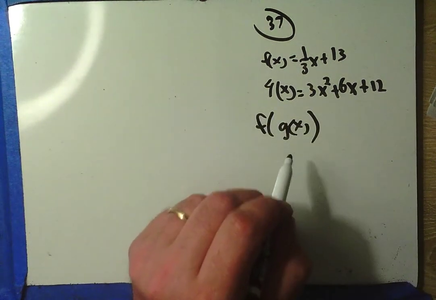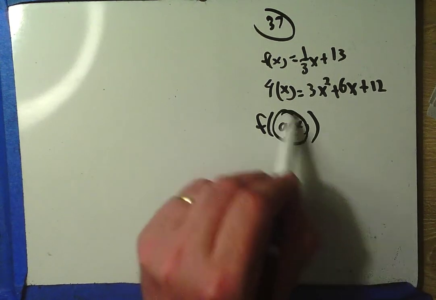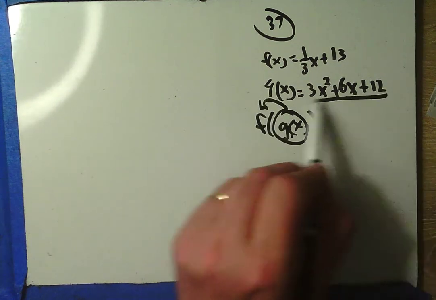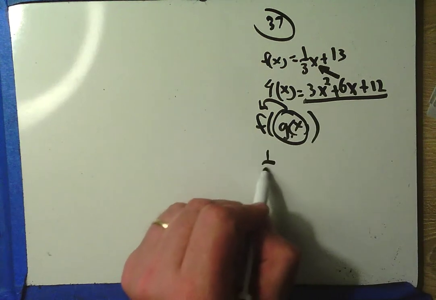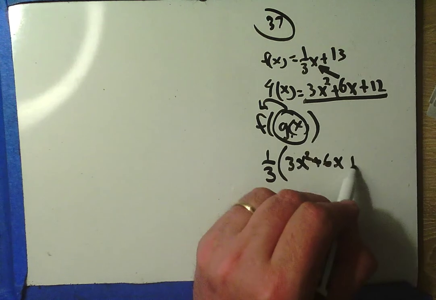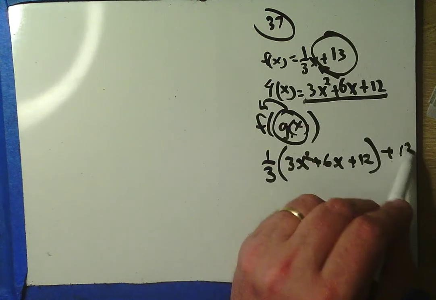Well, we just did this in our functions unit, and we know, according to this notation, we're supposed to plug g of x inside the x's of f of x. So I'm supposed to take all of that and shove it in there. When I do, I'll have 1/3 times (3x squared plus 6x plus 12). Don't forget this, plus 13.